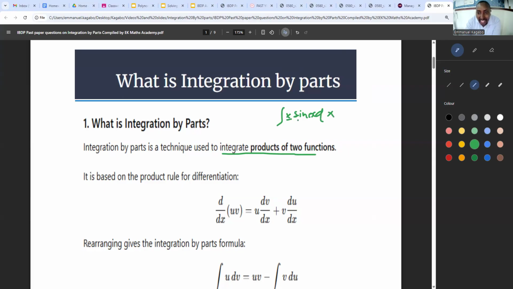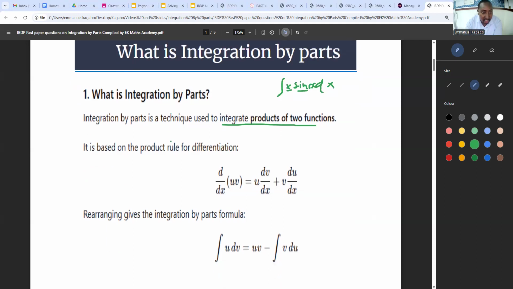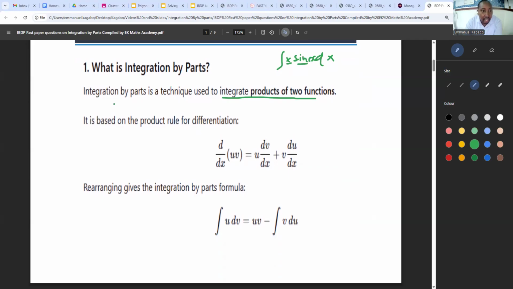You have x and you have sin x. There are two functions that you are multiplying. So if these are the two functions you are multiplying and you have to integrate, that's the first thing you should be paying attention to. In simple words, I can say integration by parts is a technique used to integrate products of two functions.